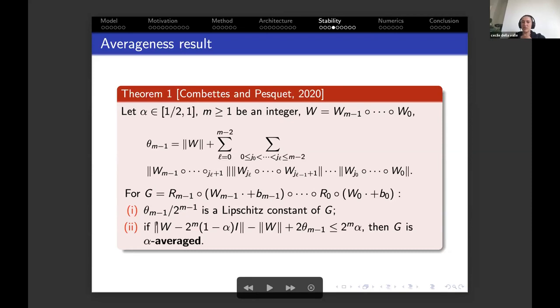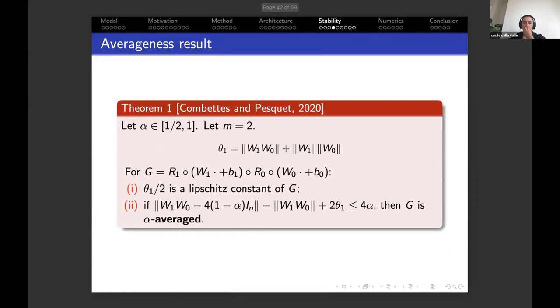And I can also say that if this inequality is met, then G is alpha-averaged. Just to show you what it does: if M is 2, that means I have only 2 layers. Then theta 1 is this formula, and theta 1 to 2 is the Lipschitz constant of G, and the inequality gives us this.